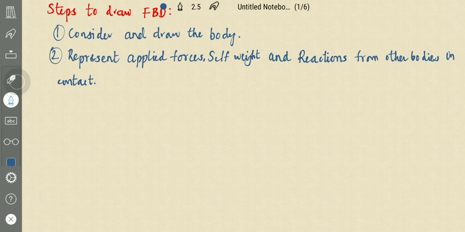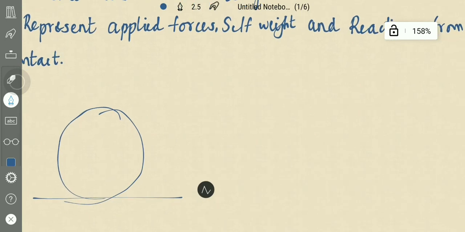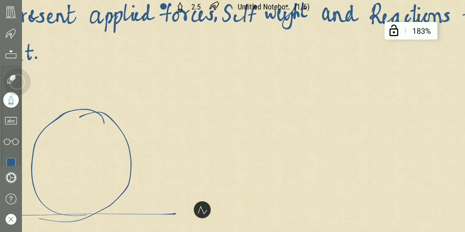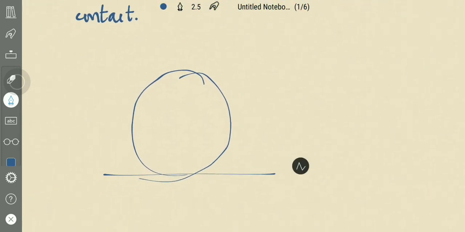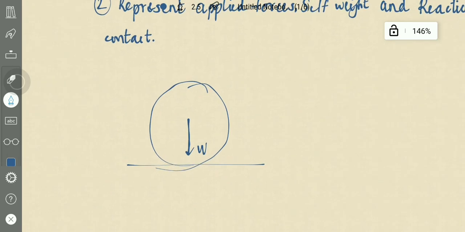What are applied forces? If there is a ball like this, there is a ball and it has self weight, let us represent it with W, and a force acting on this.